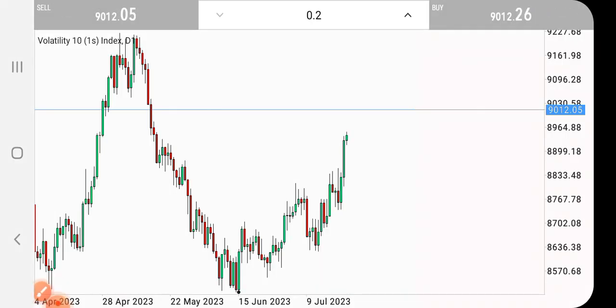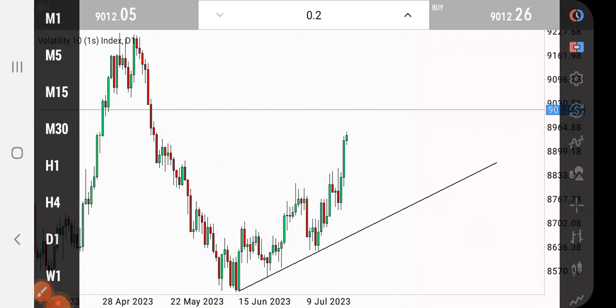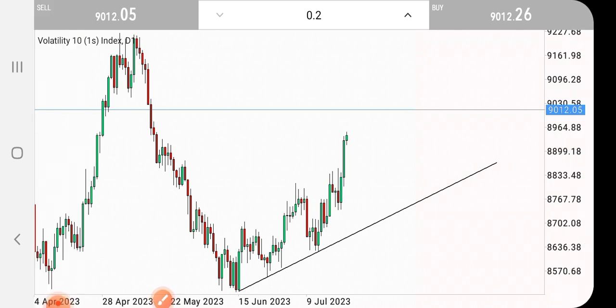We are going to join these points. We talked about how the market moves, so we talked about the uptrend.